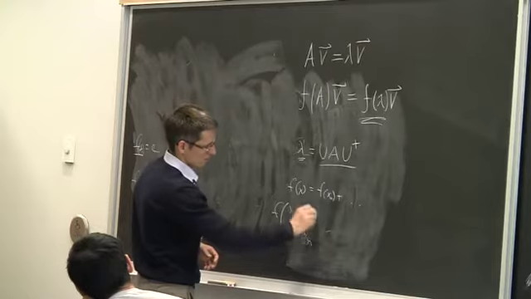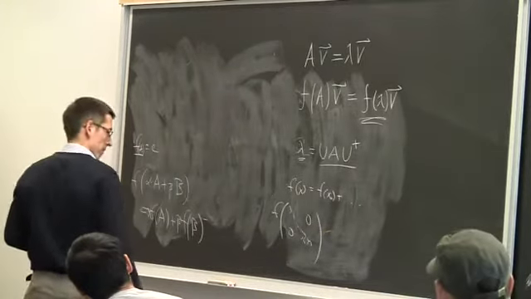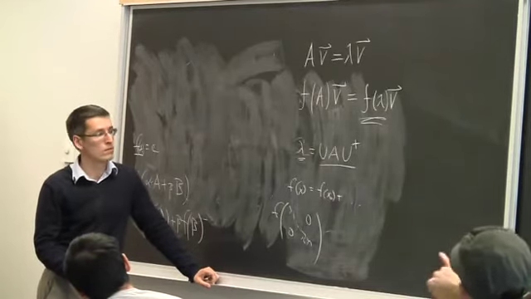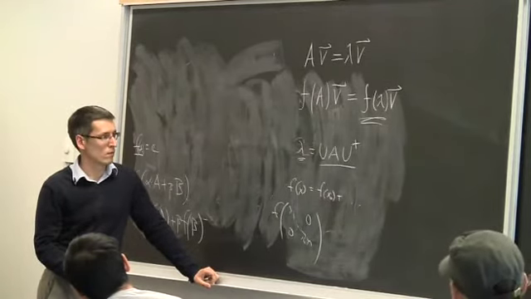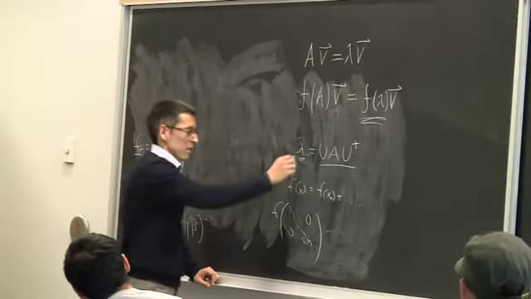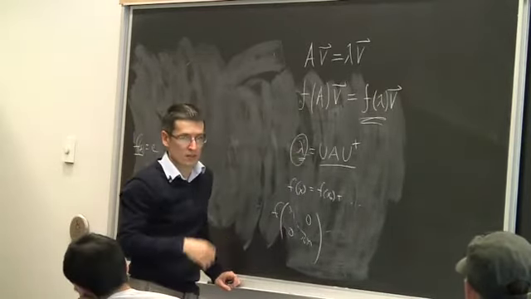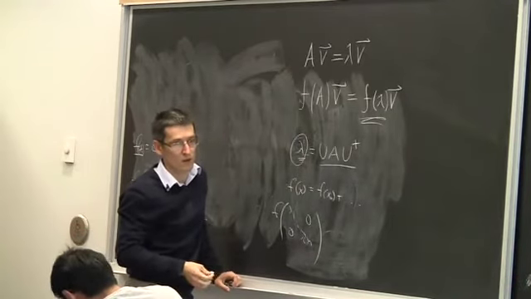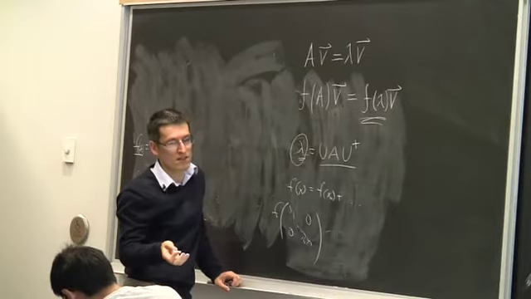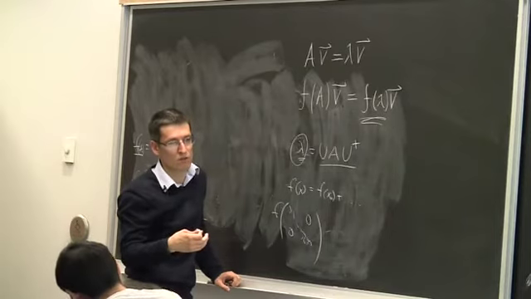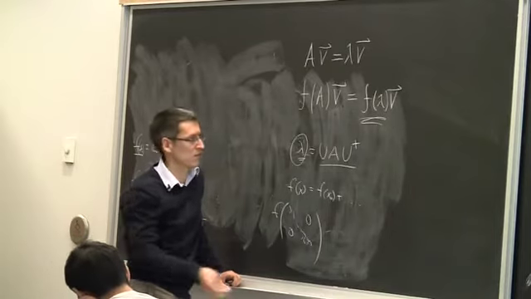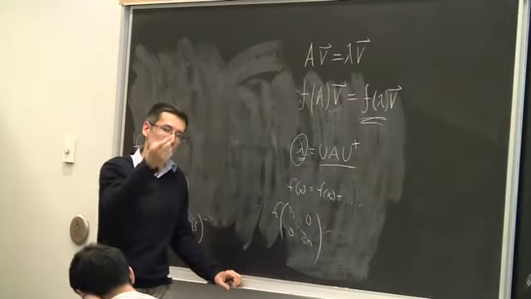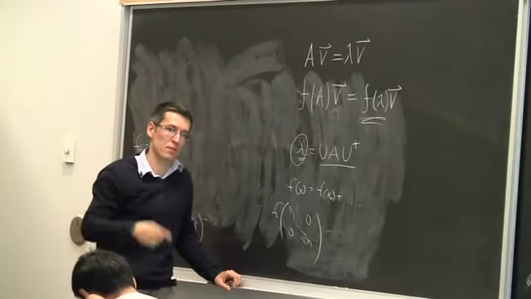Wait, so lambda, we're saying that equal. I thought lambda was the eigenvalue. That's right. So how is it equal to that product of three matrices? This is already a matrix that is obtained after you diagonalize. It's a matrix on its own, because when you diagonalize with U as a matrix, you're not getting one lambda, you're getting the whole matrix with different lambdas.